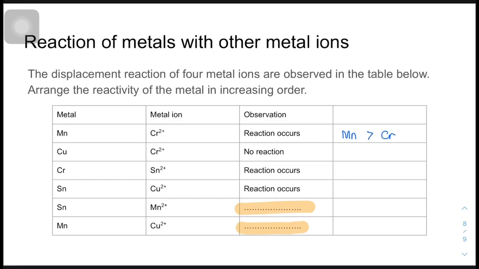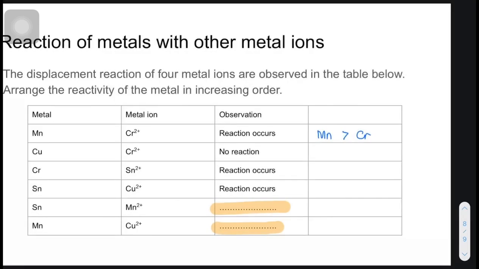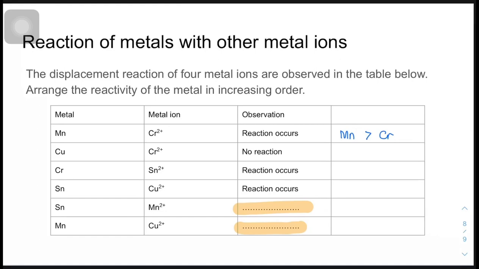So from this we know that Cr is more reactive than Cu, or Cu is less reactive than Cr.